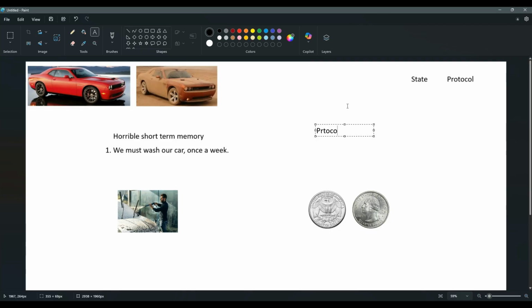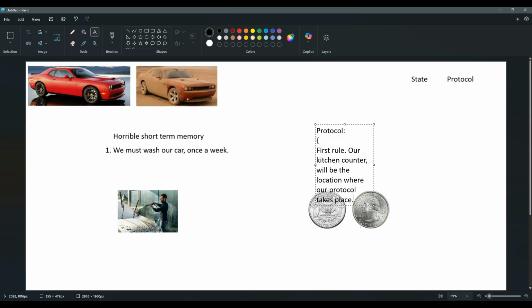Protocol. Step one, or I guess first rule is better. First rule: our kitchen counter will be the location where our protocol takes place.